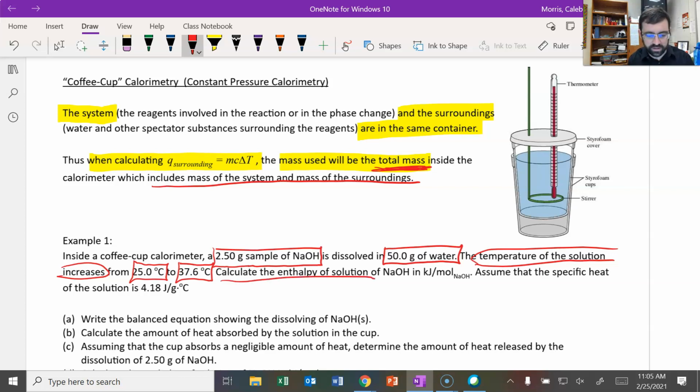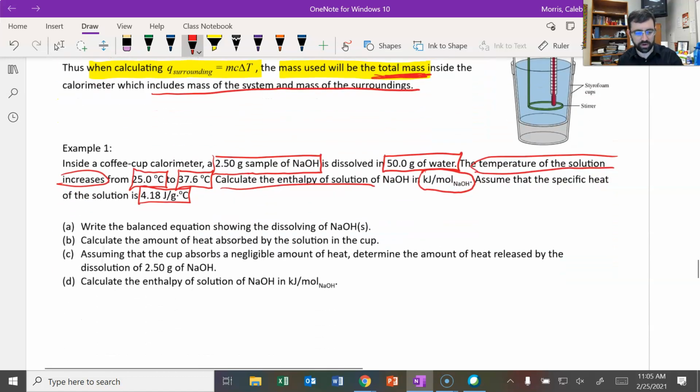Calculate the enthalpy of the solution of NaOH in terms of kilojoules per mole of sodium hydroxide. We want to assume that the specific heat of the solution is 4.18 joules per gram degree Celsius. We can make that assumption, and that's going to help us in solving the problem. It tells us to write the balanced equation showing the dissolving of sodium hydroxide.